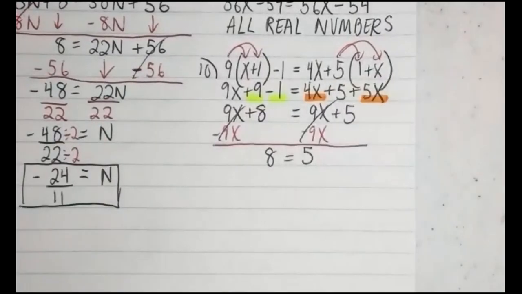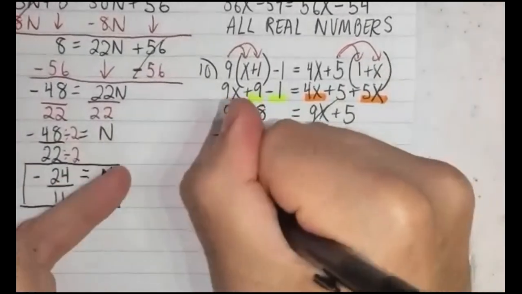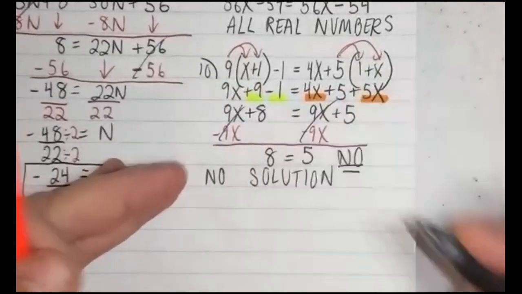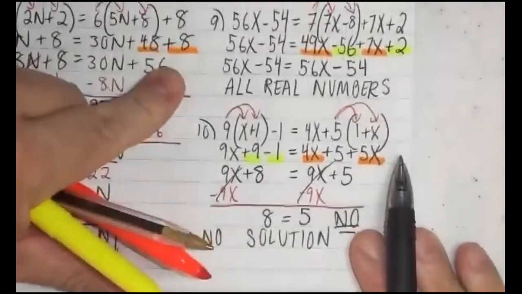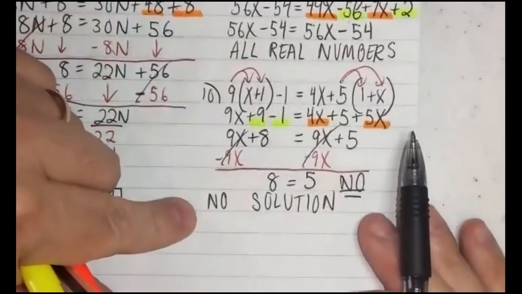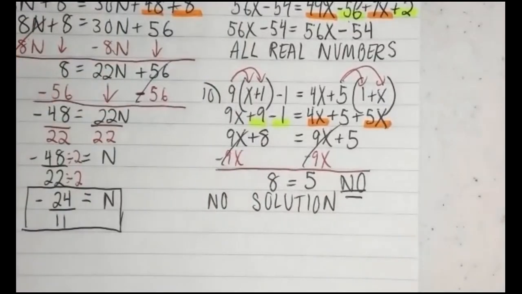And hopefully you remember when you see something like that, that 8 does not equal 5. So that means that answer would be no solution. So the difference between these two is this one, any number makes that true. So it's all real numbers. This one, there is no value that'll make that a true statement.